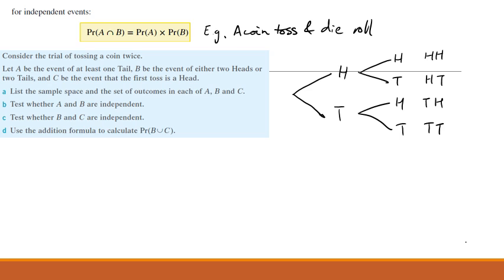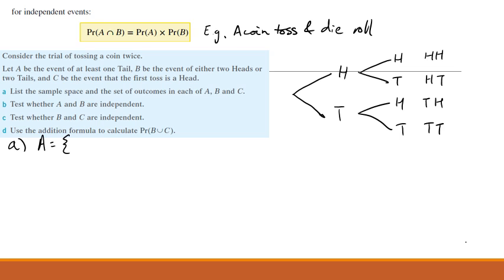Be very careful, the order does matter. If you look at event C, it says the first toss is a head. That's very different from your second toss being a head. So write it in the correct order when you do part A, which says list the sample space and the set of outcomes in each of A, B, and C.